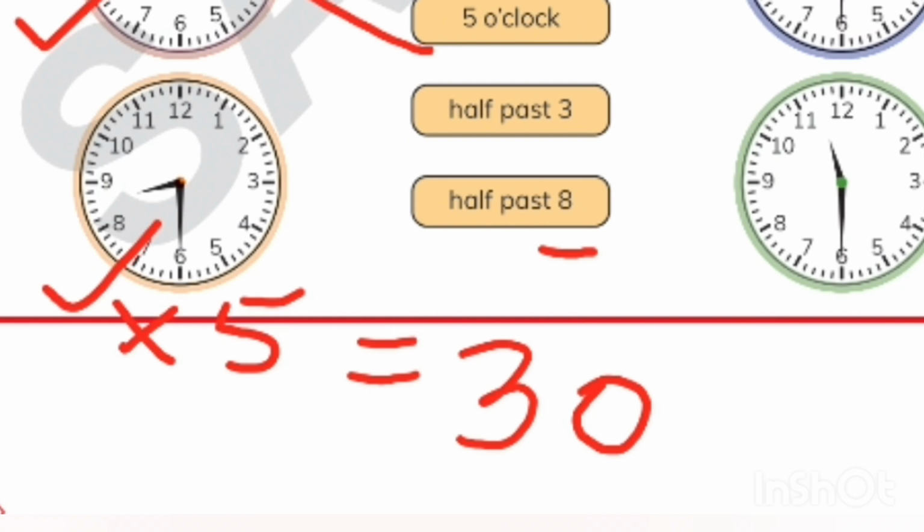So now you can see this is 6. If the big needle is on 6, it means we have to multiply, because the big needle is showing the minutes, and for the minutes we have to multiply the 6 by 5. So 6 fives are 30.